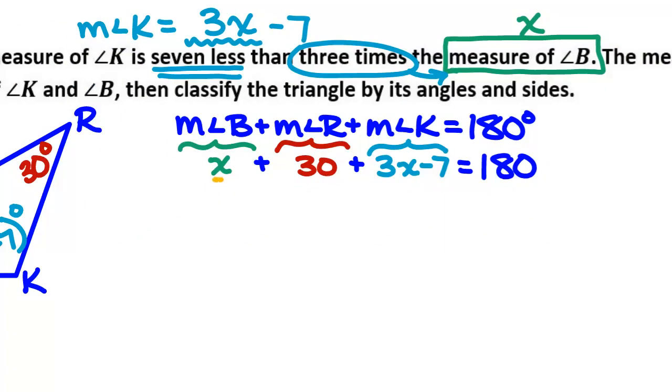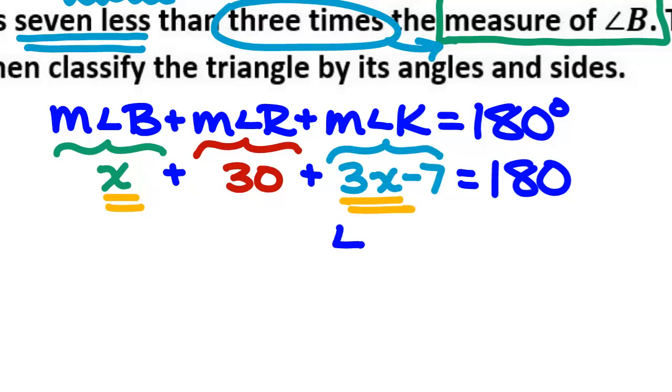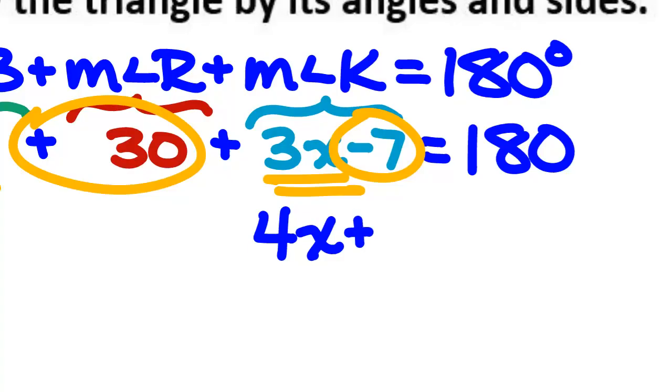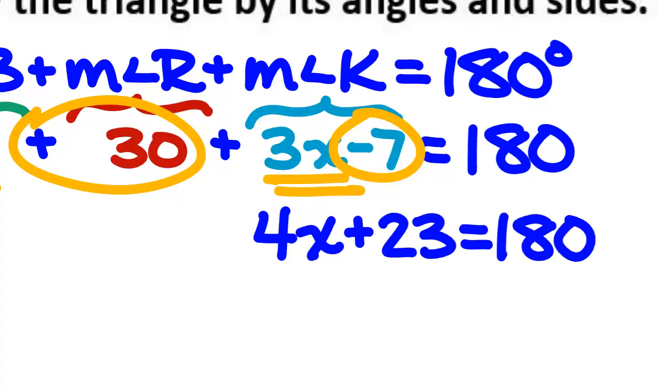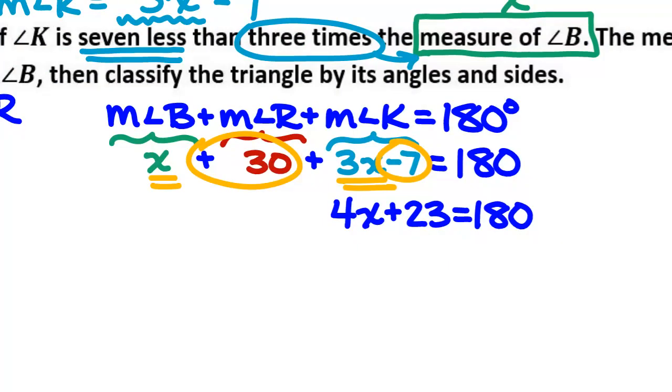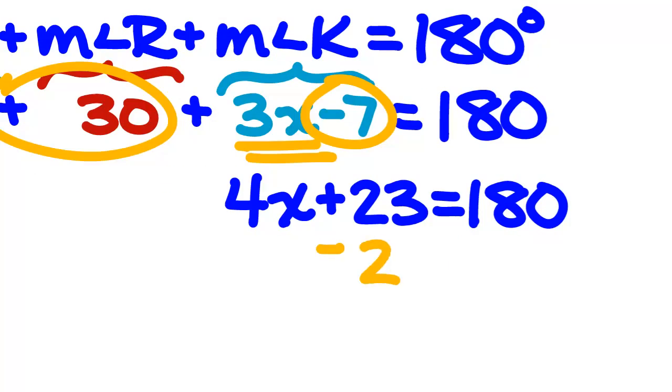Combining our like terms together, I have x and 3x, which combine to give me 4x. And then what do I get when I combine 30 with a minus 7? 23. So a positive 23 equals 180. I'm going to subtract 23 from both sides.